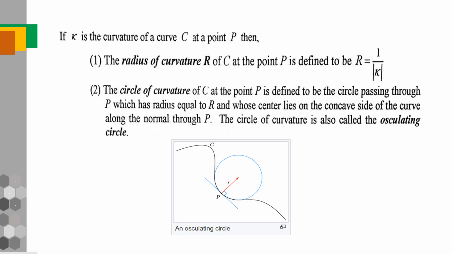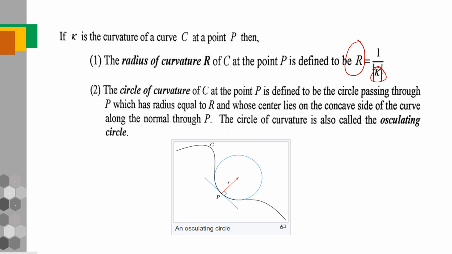No? So yung radius of the curvature at a point P is defined by R equals 1 over absolute value of K. So itong R, ito yung radius ng ating curvature. At yung kappa, sorry, it's not K, it's kappa. So that is the curvature.